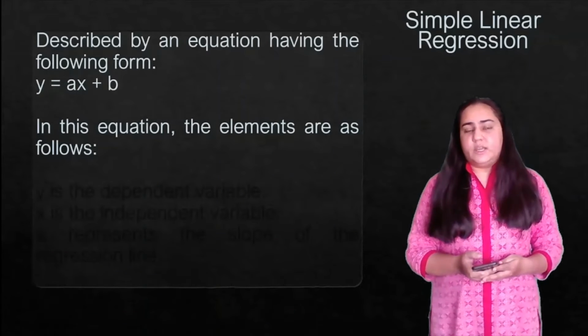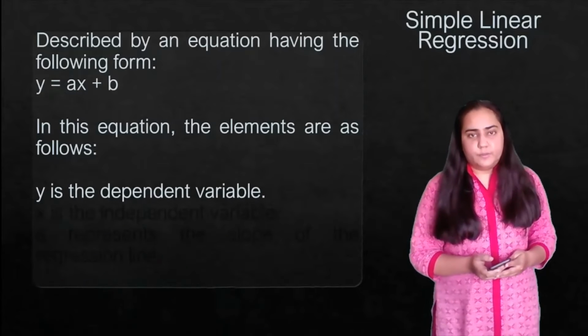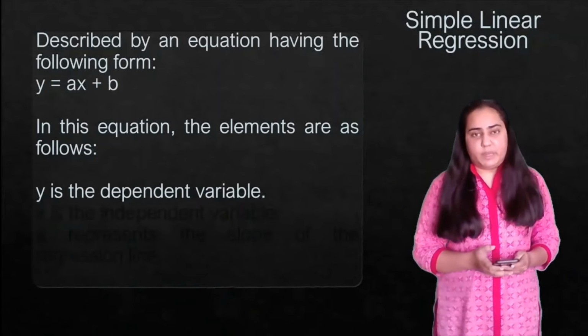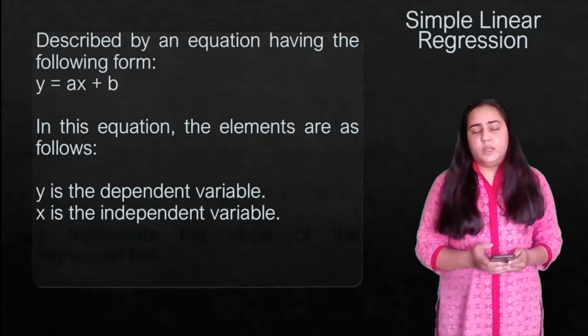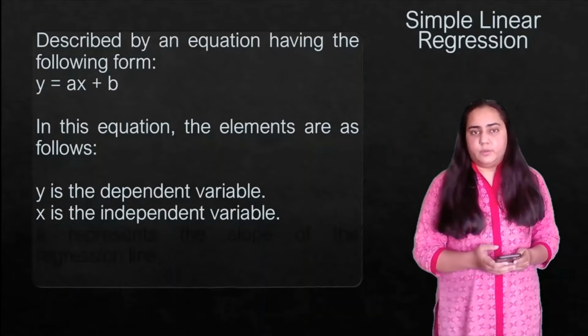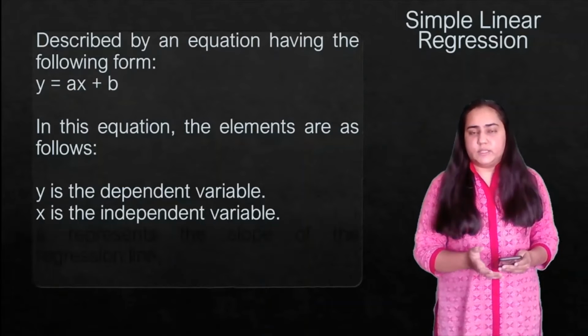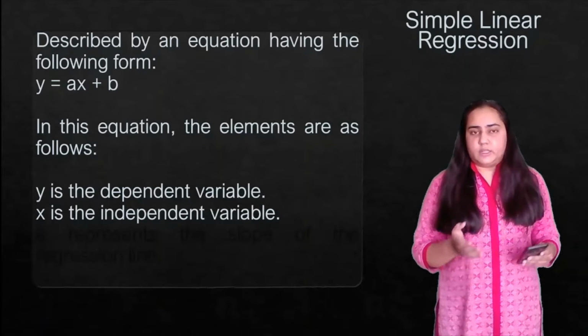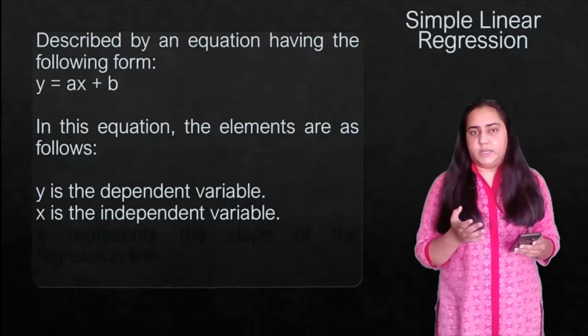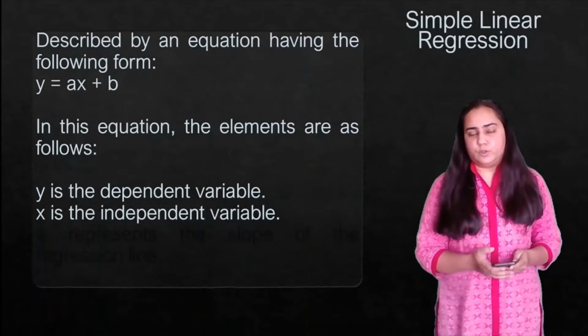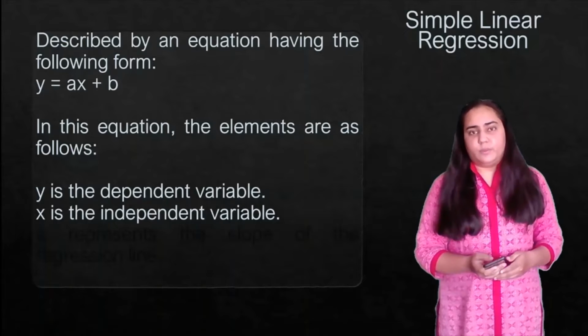In this equation, the elements are as follows. We have y, which is the dependent variable, DV. We have x, which is the independent variable. So remember that you are trying to establish the fact that there is a relationship between x and y, and it is a linear relationship. That's what you want to show with your mathematical model.